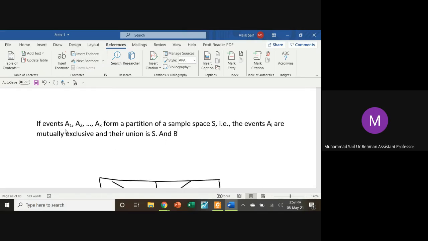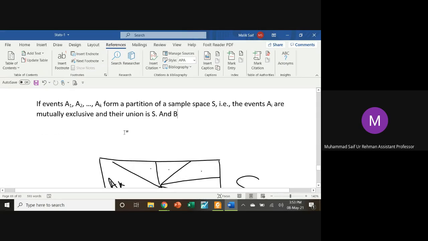This is what I have written over here: events A1, A2, AK form a partition of a sample space S. The events AI are mutually exclusive, which means they cannot occur at the same time, and their union is S. And let's say B is any other event.